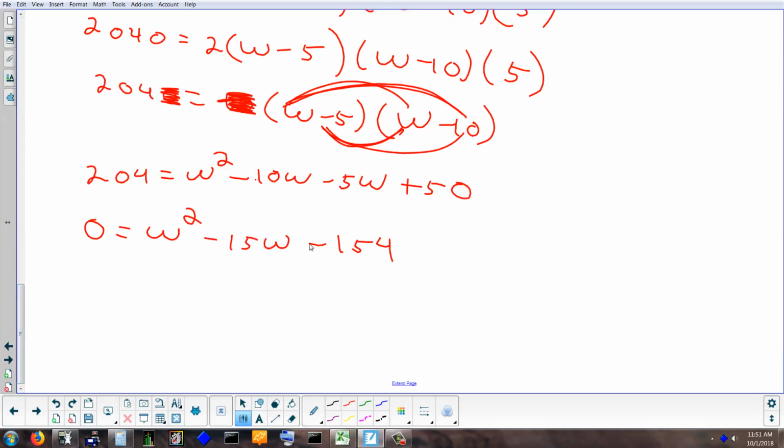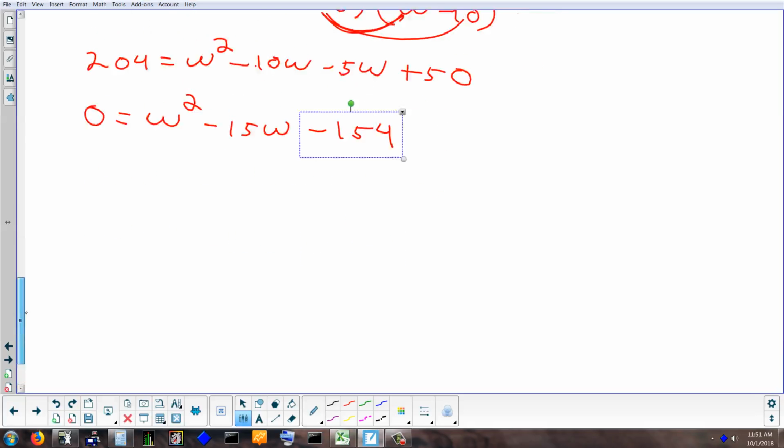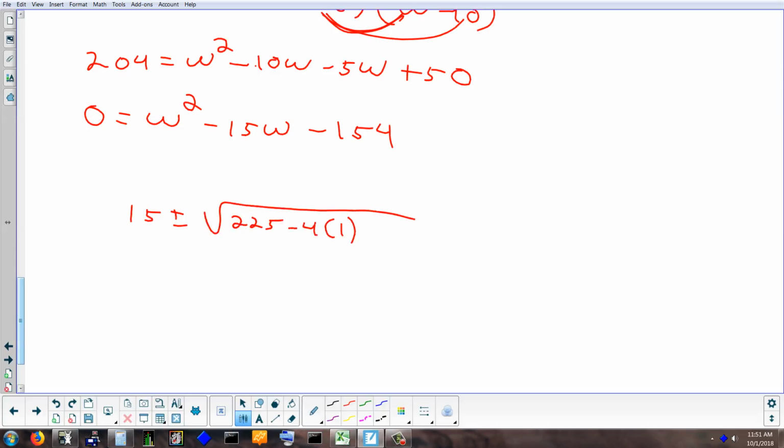So let's plug it in and see what we get with the quadratic formula. We're definitely going to need a calculator because the numbers are kind of big. So we get negative b plus or minus the square root of, that part I can still do in my head, negative 15 squared is 225, minus 4 times a is just 1 in this case, times c, all over 2a.